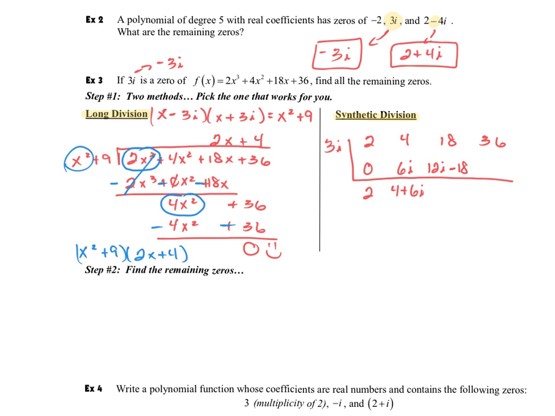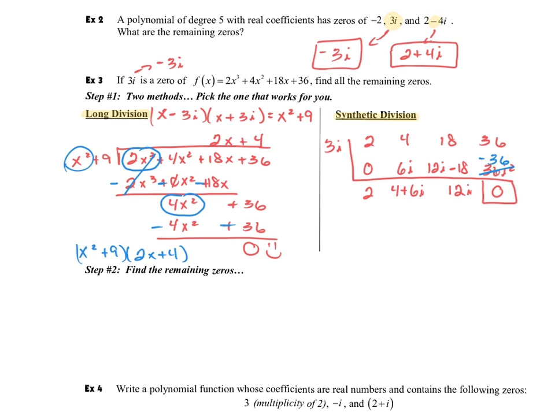Now when I add straight down, the 18s will cancel out, and I get the 12i. 3i times 12i is going to give me 36i squared. That, of course, we know is going to cancel out to a negative 36. So we get our 0.